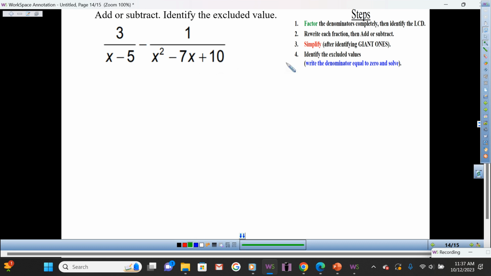So the first step is to factor the denominators. Can we factor the first denominator? Nope. How about the second denominator?